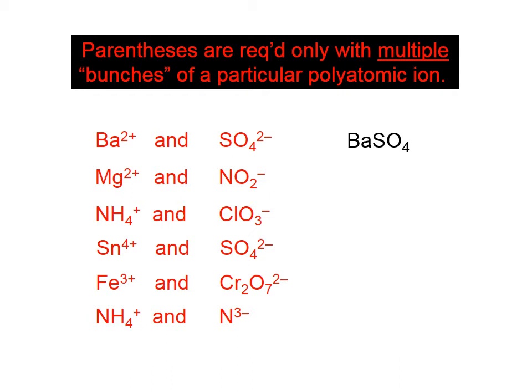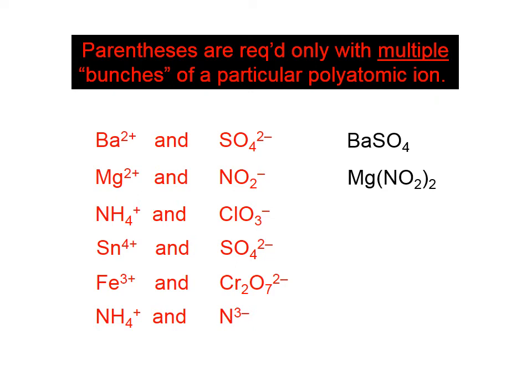of sulfate ion. In the next example, this is the magnesium ion. This is called the nitrite ion, NO2, with a 1- charge. Hopefully you can see that I'm going to need 2 nitrite ions to match up with my 1 magnesium ion. So I need 2 bunches of nitrite, so I use parentheses with a 2 on the outside.